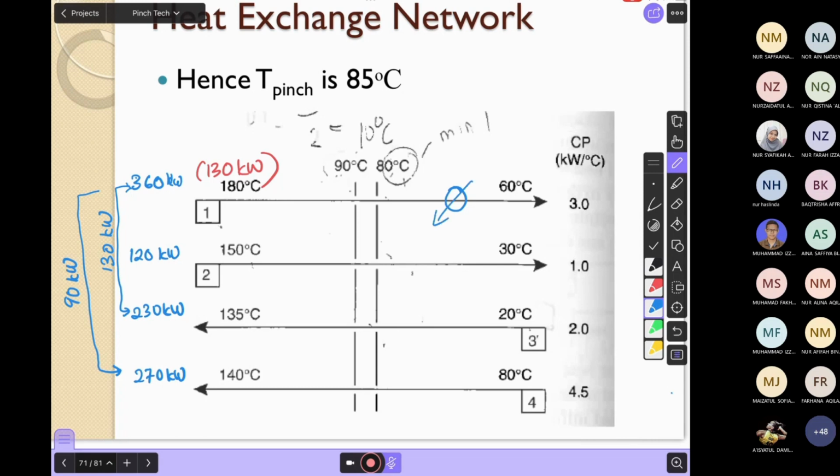And this cooler requires water with the required energy to be 130 kilowatt. Okay, so dia perlukan cooler at 130 kilowatt energy.